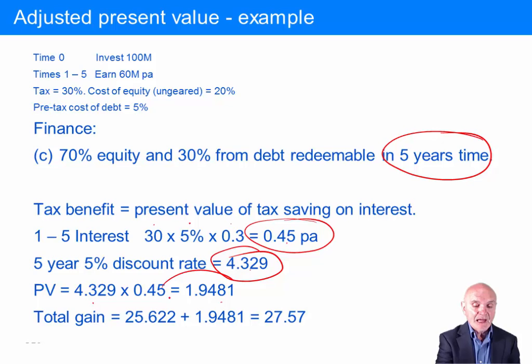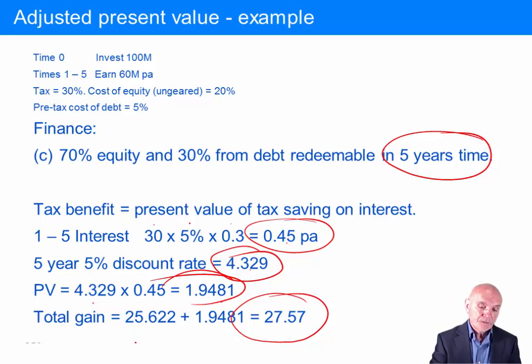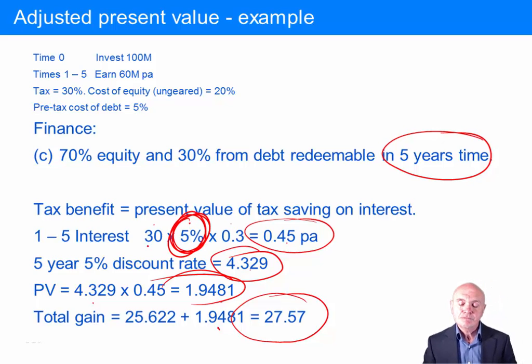So this cheap debt is worth 1.9481, and so the value of the project financed by the cheap debt is your base value plus the present value of the tax shield, the tax saving, evaluated, and I repeat, you evaluate it at the pre-tax cost of the debt.